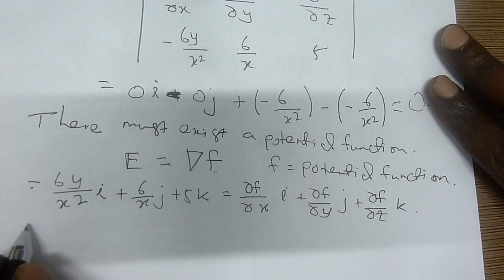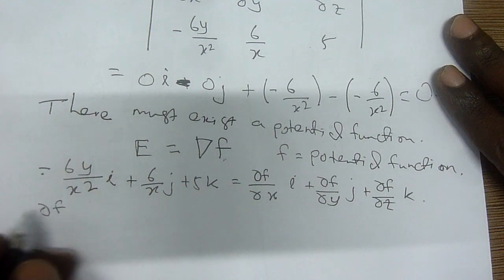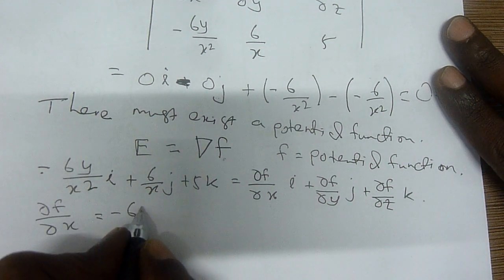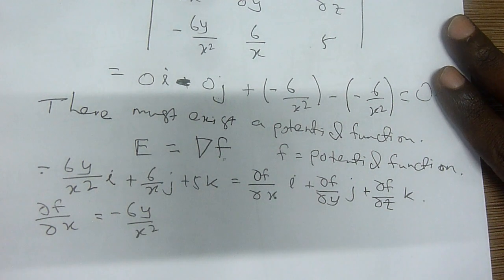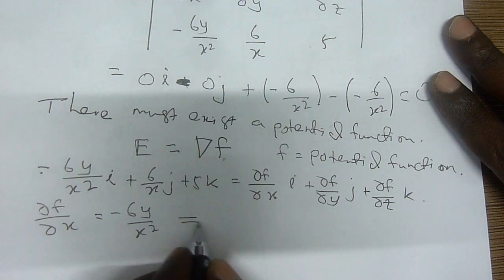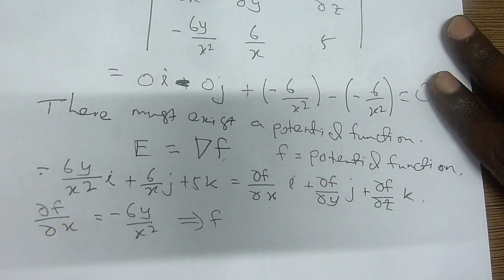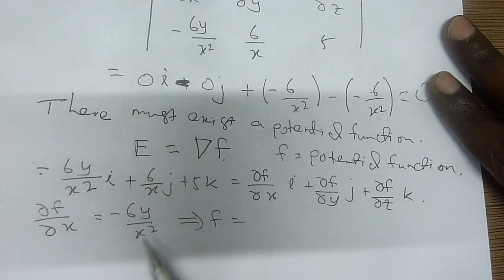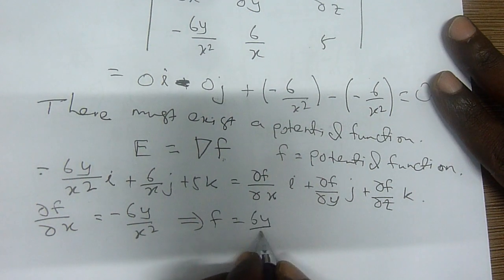Then we can say del f/del x equals negative y x^2. And if I solve this for f, this is a very important point to take note of. When I solve this, I will get 6yx.